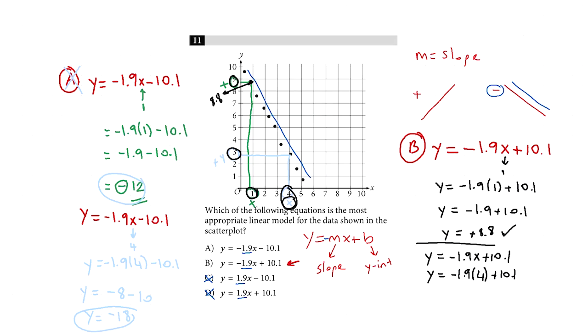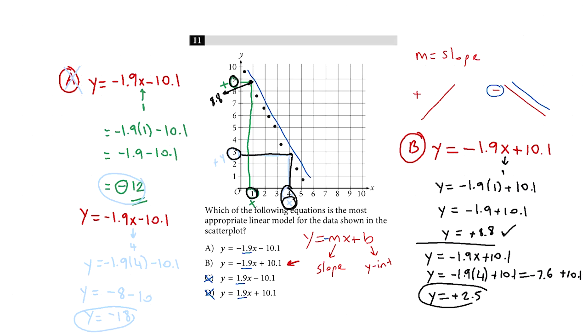So from here, negative 1.9 times 4 is negative 7.6 plus 10.1, and it will be equal to positive 2.5. Whenever I go here, and then this 4 is going here, and then all the way here, just like between 2 and 3, it is positive, and I got a positive between 2 and 3.